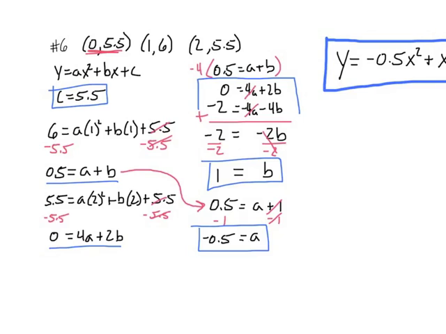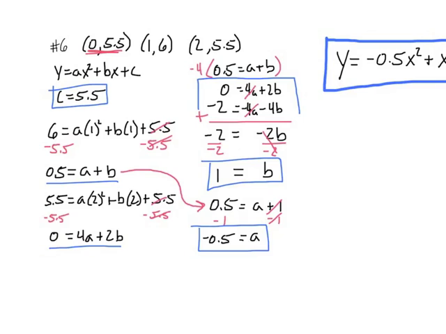Now, for number 6, part B, it says to use our model, otherwise known as using our equation, to estimate the height of the ball at 4 seconds. Well, remember, they give us that information. Time is x, and height is y. I said that yesterday.